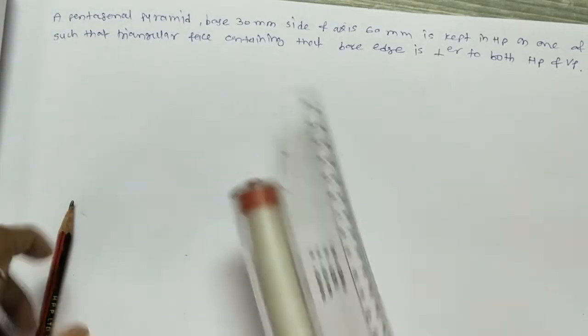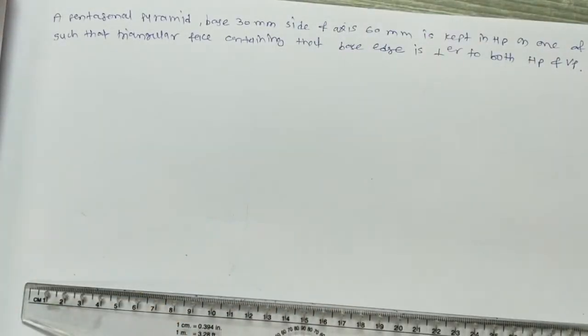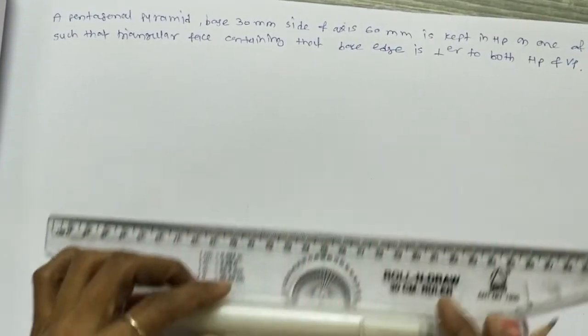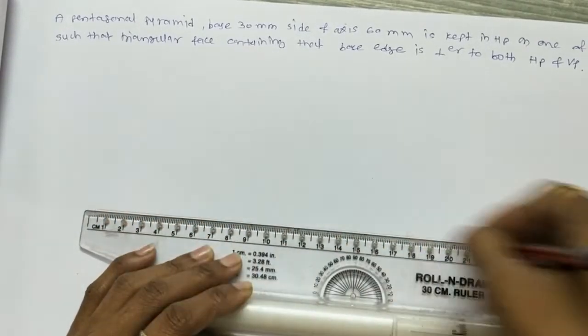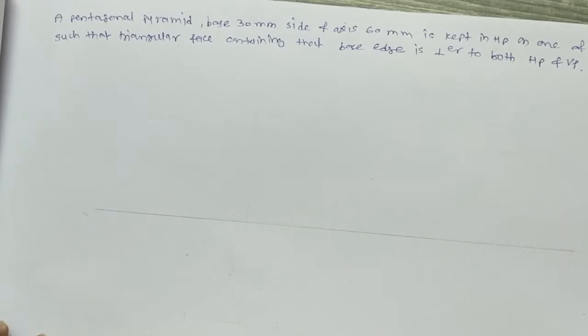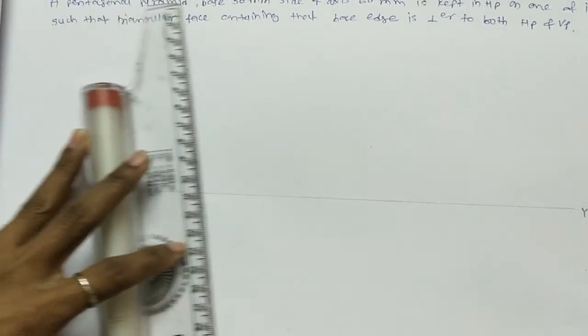First of all I will draw a horizontal line and give the name XY to this line. Now we will draw a pentagonal pyramid.